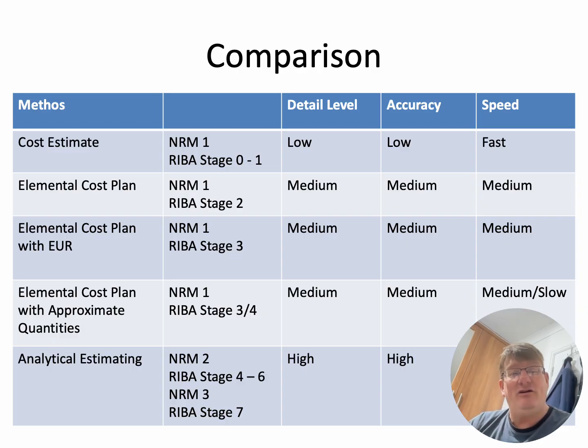Obviously analytical estimating is the highest level of detail and the highest level of accuracy, and you've seen that yourself by carrying out an analytical estimate and producing a bill of quantities as well, because it's linked to producing a bill of quantities, and it takes quite a lot of your time, as you can see.